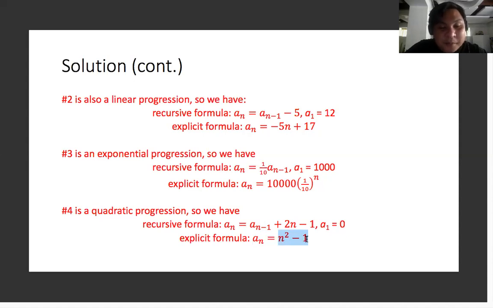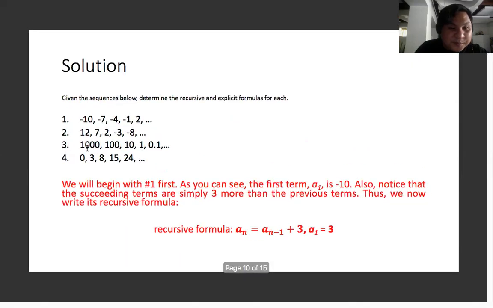Right? So if you've noticed the progression of number 4, 0, 3, 8, 15, 24, you should be able to see that this is quadratic in nature. For more on this, you can definitely refer to the Google Docs and you would see an example I solved which follows a quadratic progression.